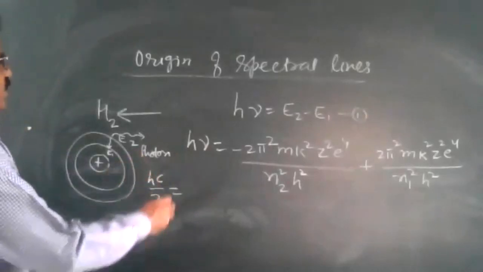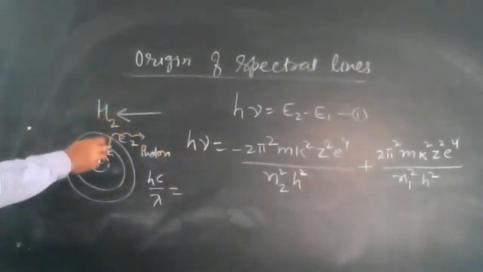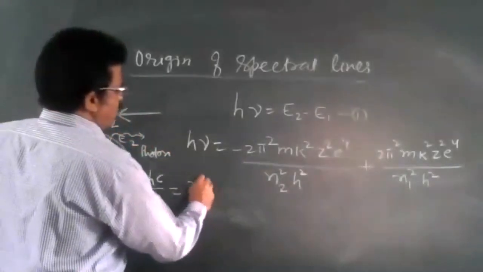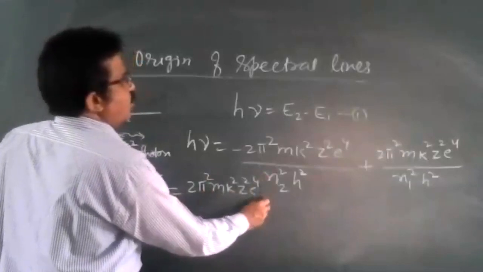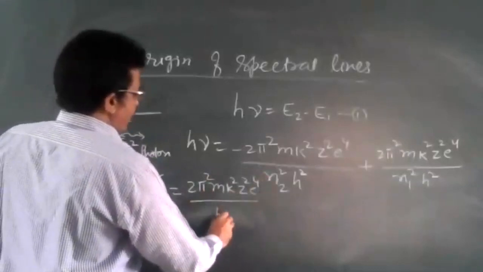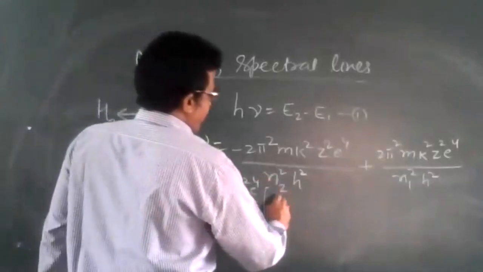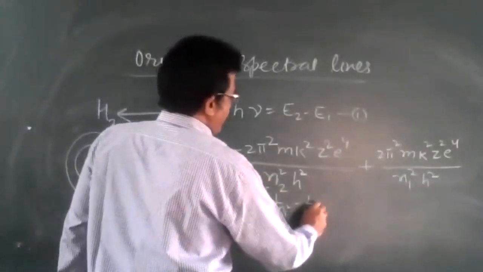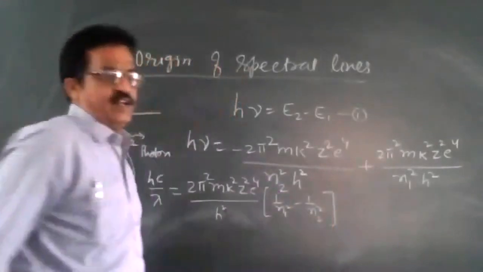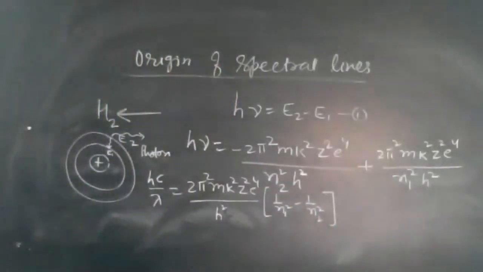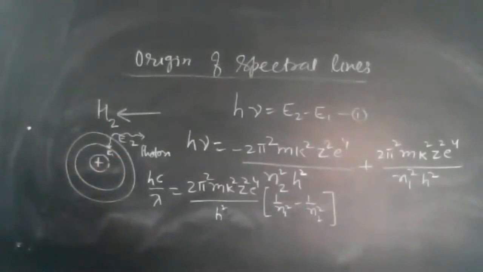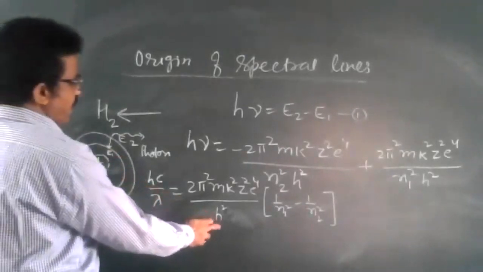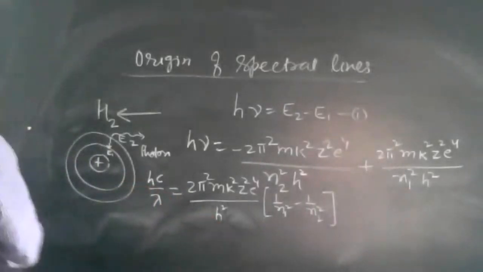Take all the other common things. Minus 2 pi square m k square z square e to the power 4 divided by h square, then 1 upon n1 square minus 1 upon n2 square. Take hc to the other side.